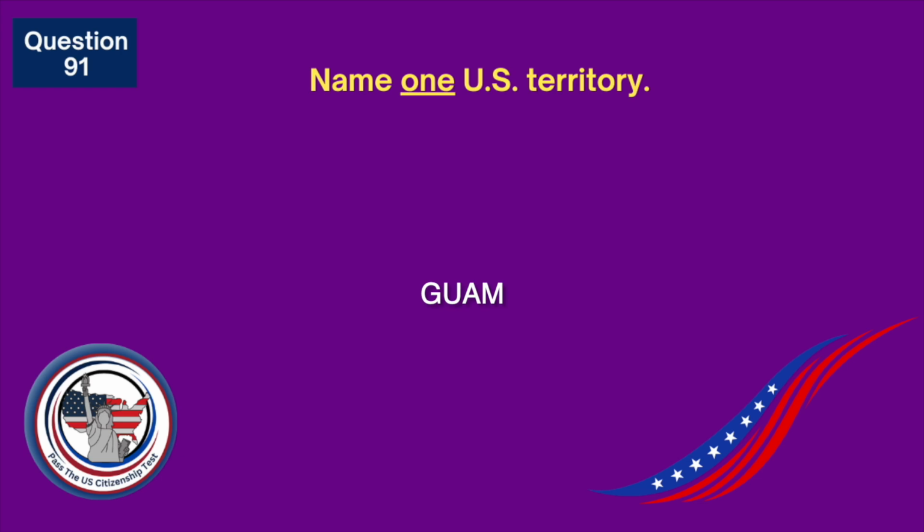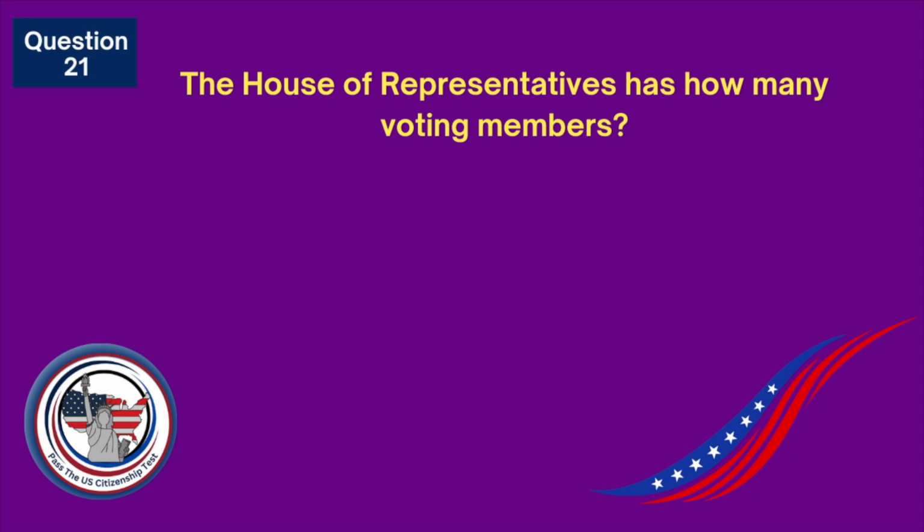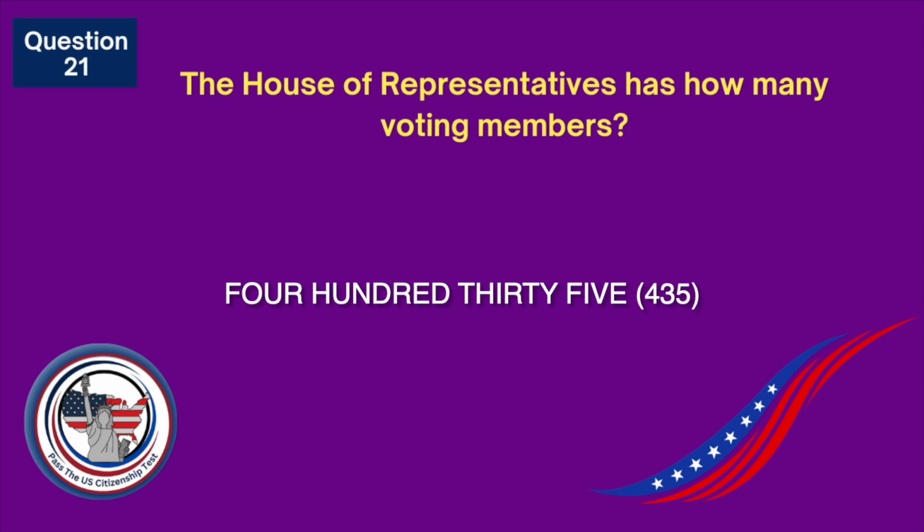Name one U.S. territory. Guam. The House of Representatives has how many voting members? 435.